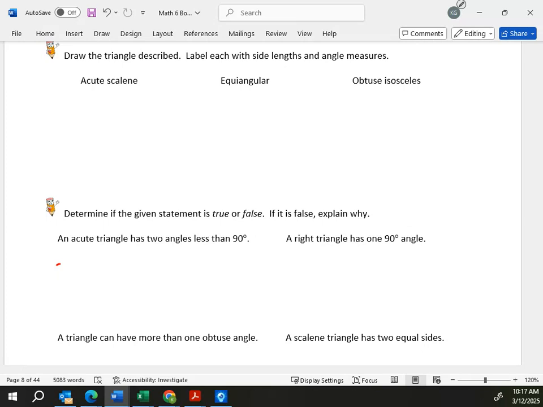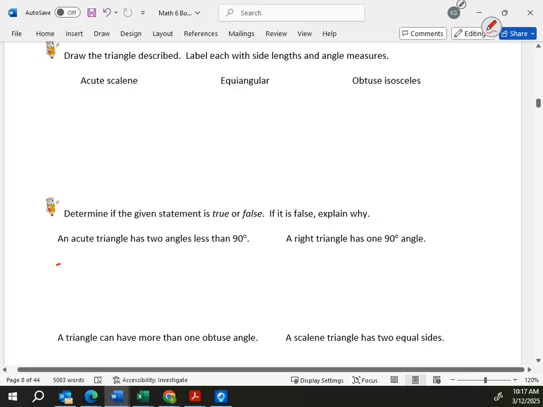They have what its side name is and what its angle name is, so we're gonna label all of it. If we look at an acute scalene triangle, acute means they're all small angles. Scalene means they're all different side lengths. So I'm gonna draw a triangle that has different side lengths and all small angles.